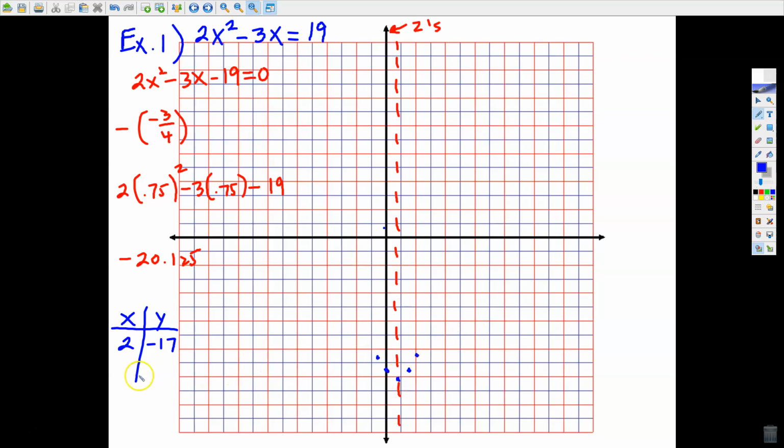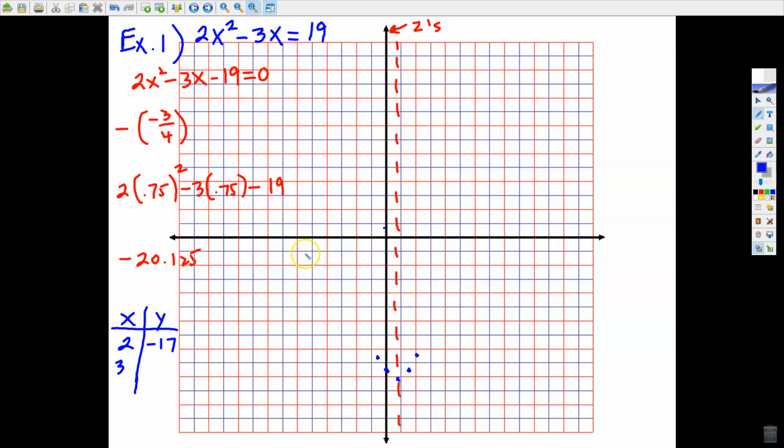All right, so let's do input 3. Remember, the whole goal here is where are we going to cross the x-axis? And I want to get as precise to that as I can. I don't want to just do a random drawing up this way. I'm going to get closer and closer with inputs until I have a pretty good idea of where this is actually going to happen.